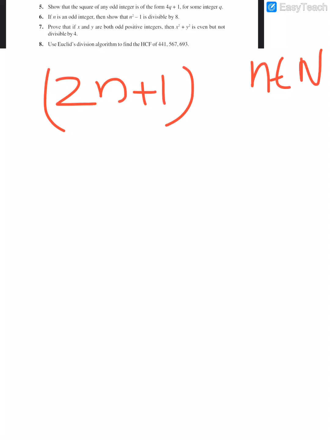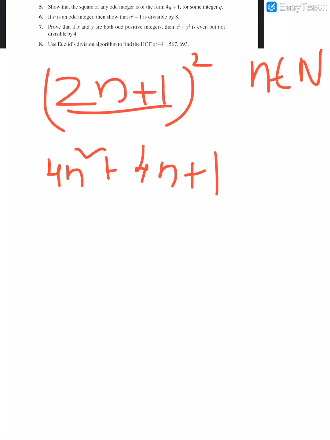Show that the square of any odd integer is of the form 4q plus 1. Odd integer means we have only one form. Odd integer generally is 2n plus 1, where n is any natural number. So they are asking for its square. Let us do the square. a plus b whole square, a square plus 2ab plus b square: 4n square plus 4n plus 1.